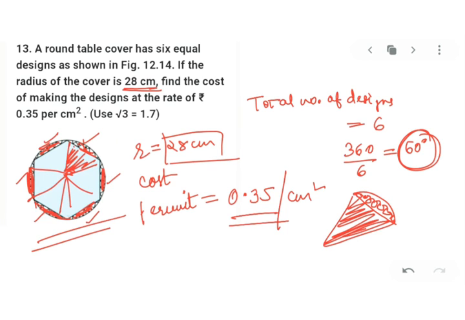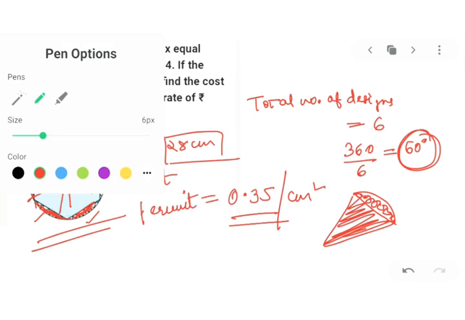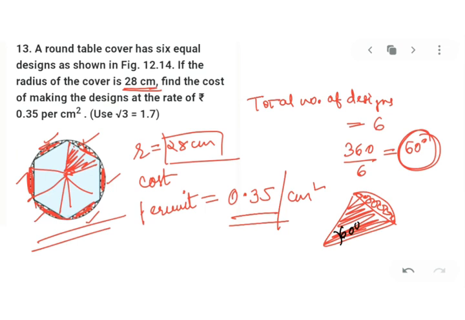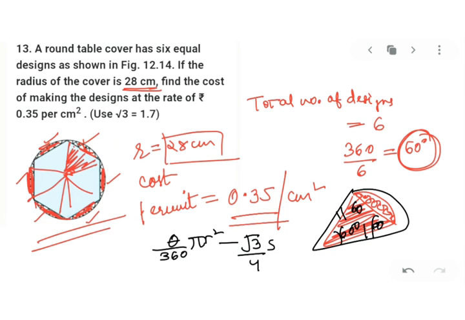The area of the triangle is also easy to find because it's an equilateral triangle. As the central angle is given as 60 and both sides are equal, this also will be 60, this also will be 60. So first you find the sector area by putting the formula theta upon 360 pi r square. From there you subtract the triangle, that is root 3 upon 4 side square. Whatever will be the remaining part, that will be your designed part.